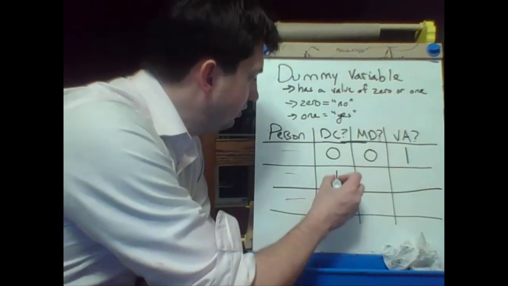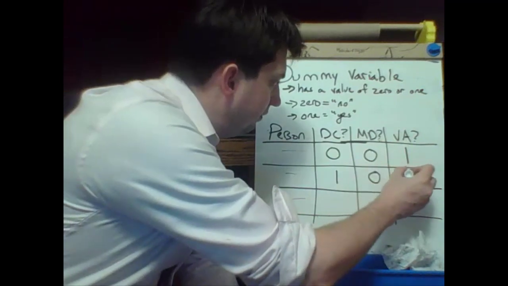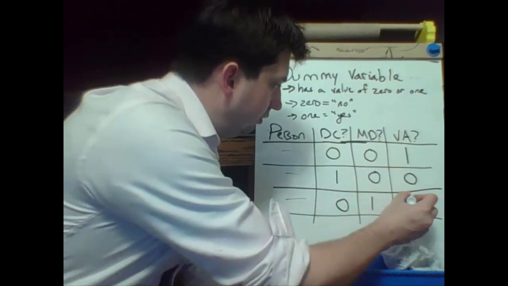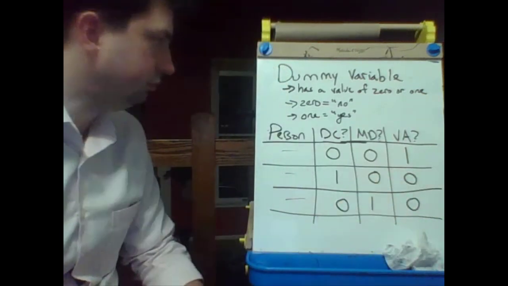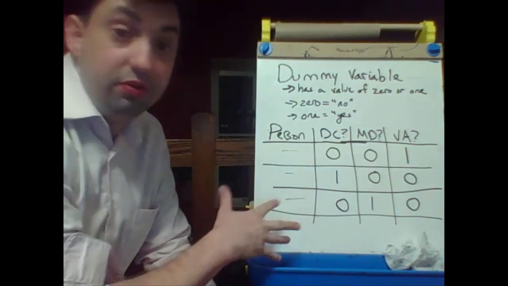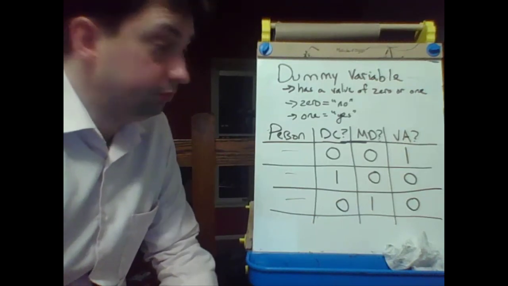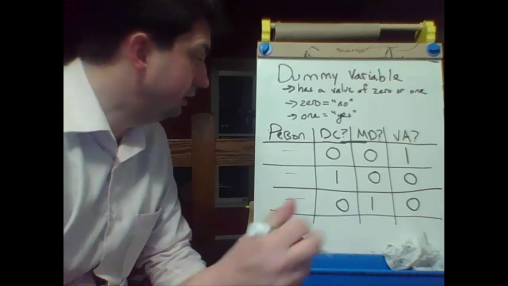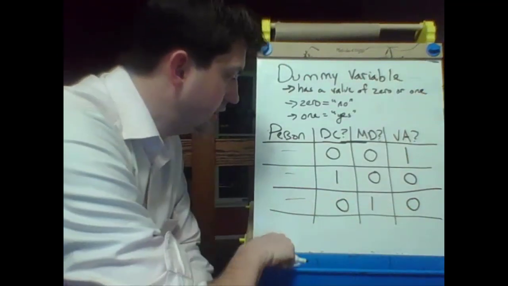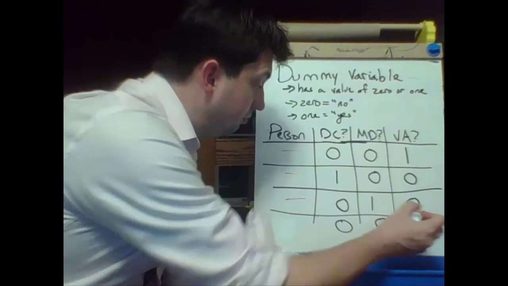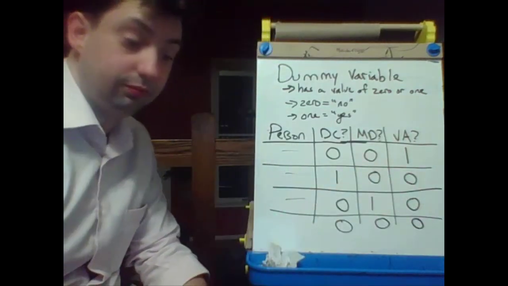Or maybe they live in DC. They do not live in these. Or maybe they live in Maryland. They do not live in these. This assumes that they only have one place of residence. That's why I pick residence. Maybe they don't live in any of these places. Perhaps they live in West Virginia, which some people do. Then it's 0 for all of them.